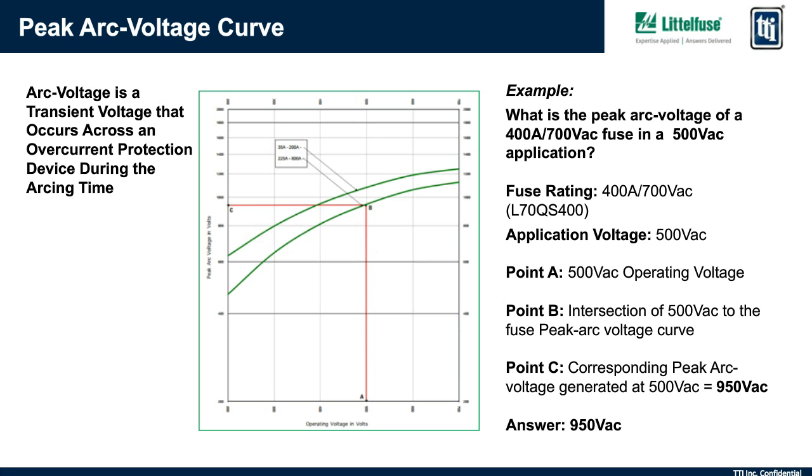So what this is saying is this fuse, when applied in a 500 volt AC application, when it opens, it could have an arc voltage across it of 950 volts. So the customer would want to be sure that their semiconductor devices can handle an inverse voltage of 950 volts.